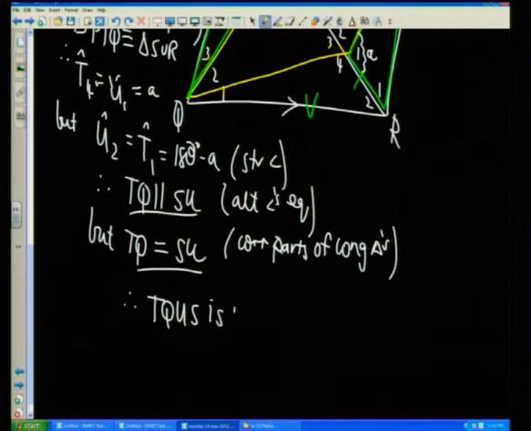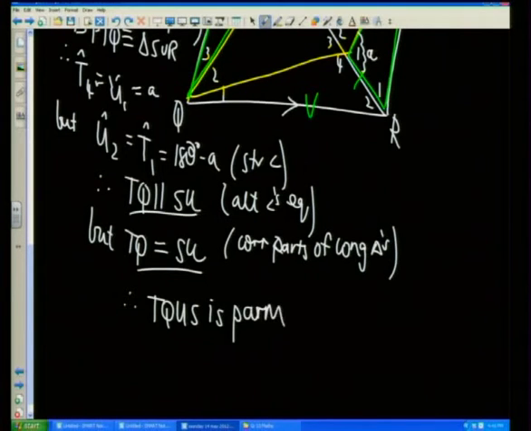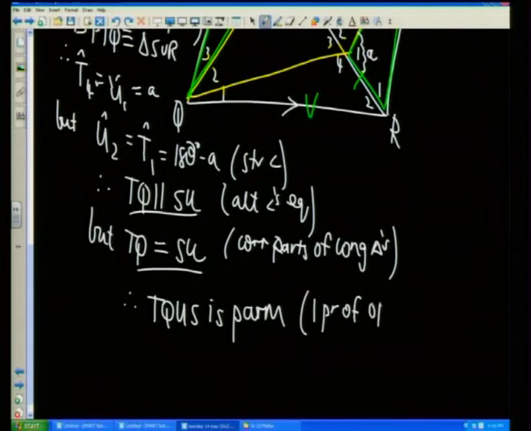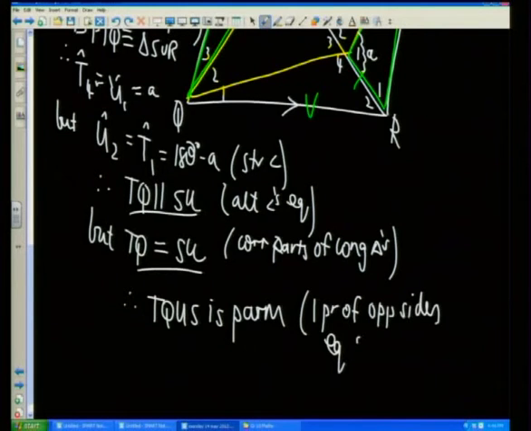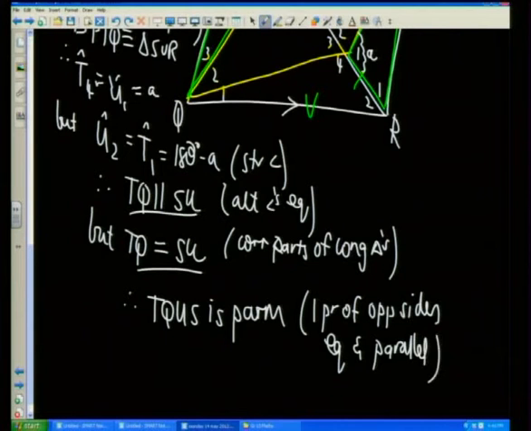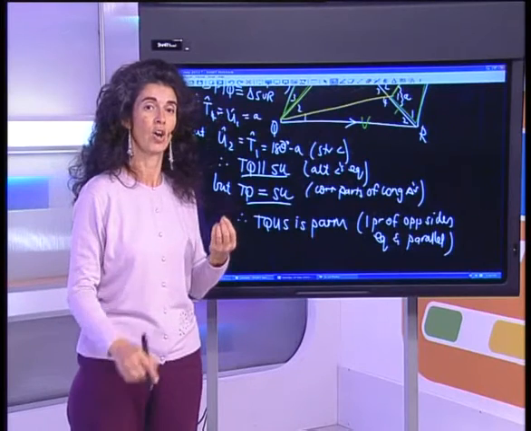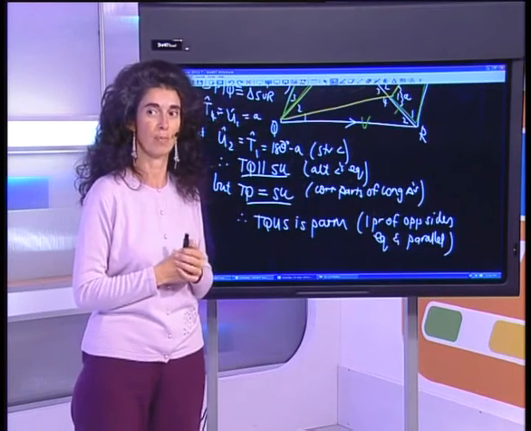TQUS is a parallelogram. And the reason is we've got one pair of opposite sides that are equal and parallel. Okay, so that would be a second way of showing that that figure is actually a parallelogram.